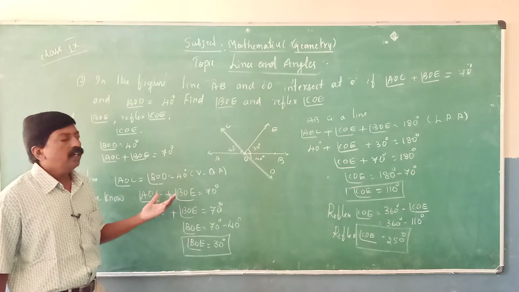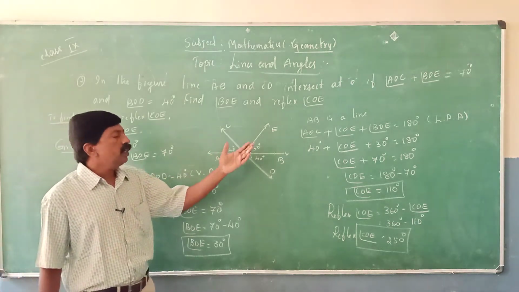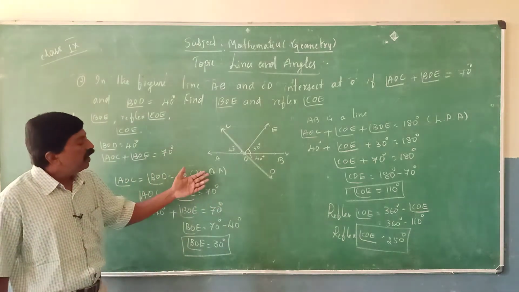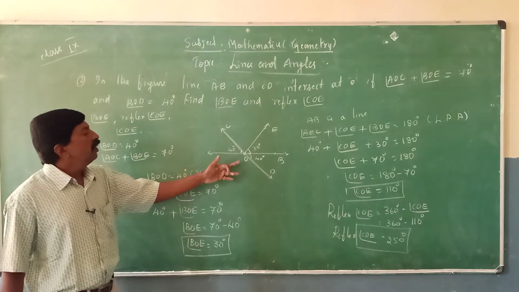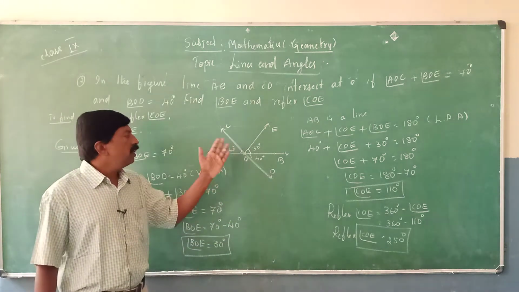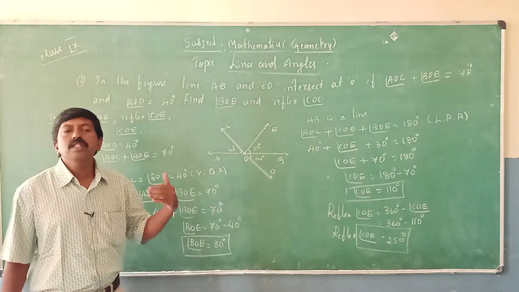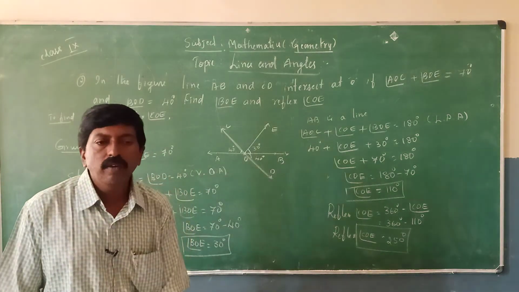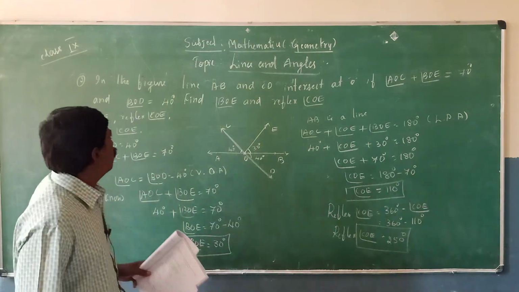Yes, 180 degrees. Now reflex COE, which is 360 minus 110 degrees, because COE is 110 degrees. So we got reflex COE is 250 degrees. Yes, you have to work out this same one. I will pass on to the next question.